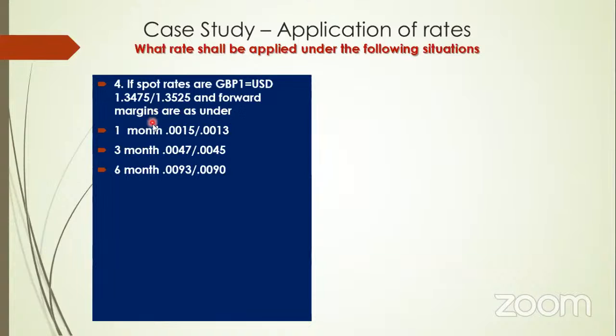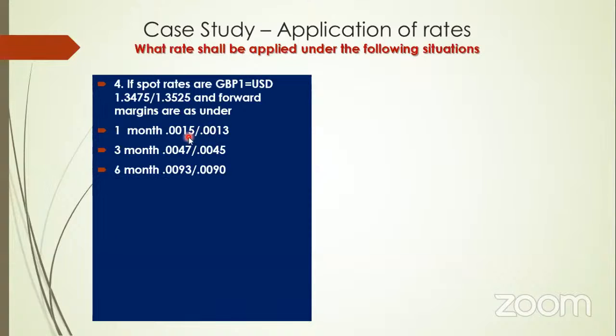Forward margin. 1 month forward margin is 0.0015, 0.0013. This will be 1.34. The 00 means it is expressed in 4 digits of decimal, so the point will come here. 0.0015. Now this side is higher, this side is lower. Please remember.